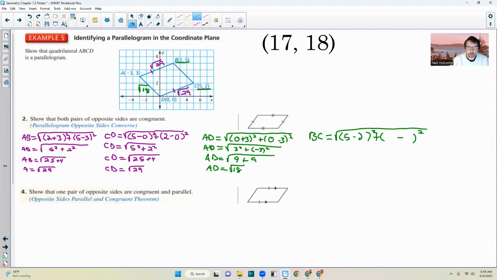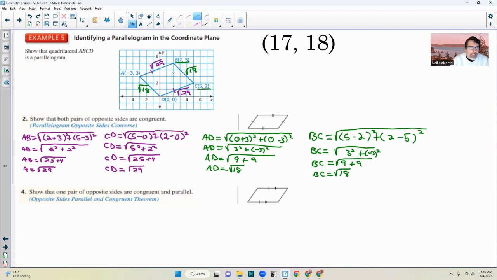Y2 is 2, Y1 is 5. So BC equals 5 minus 2, which is 3, squared, plus 2 minus 5 is negative 3, squared. So BC is going to equal 3 squared, which is 9, plus negative 3 squared, which is 9, and BC is going to equal the square root of 18. So I'm going to put the square root of 18 here.